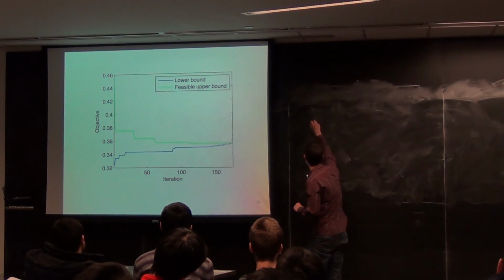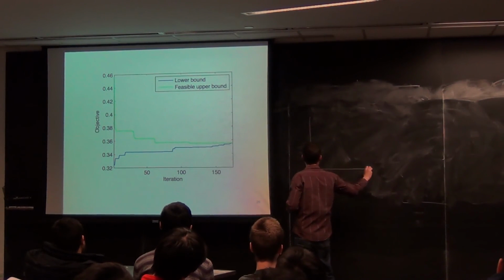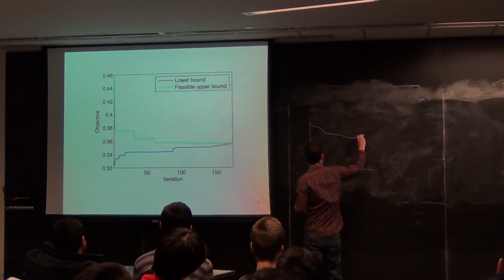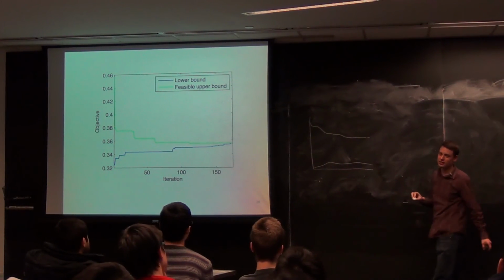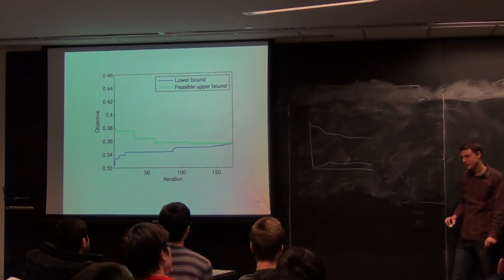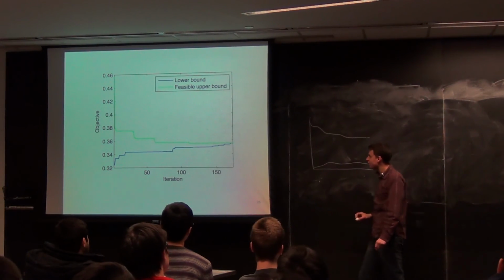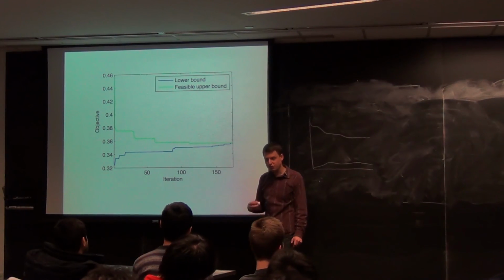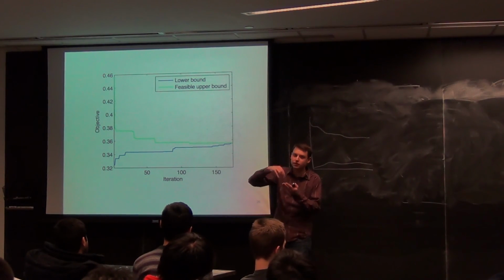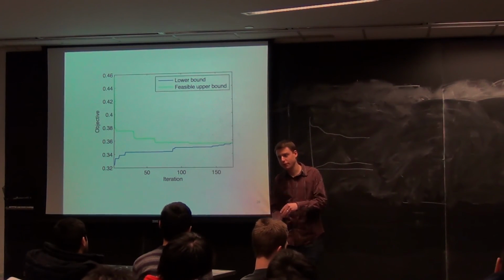Where you have your upper bound here, and it kind of comes down like this, and then you have your lower bound that kind of goes like this, and it is a long, long time before they meet. It certainly can be. And in fact, a lot of what the research in integer programming looks at is slightly different algorithms that can accelerate the convergence between the upper bound and the lower bound.